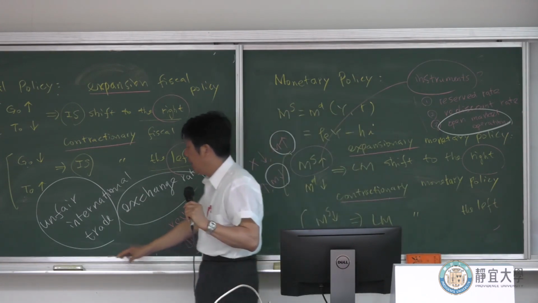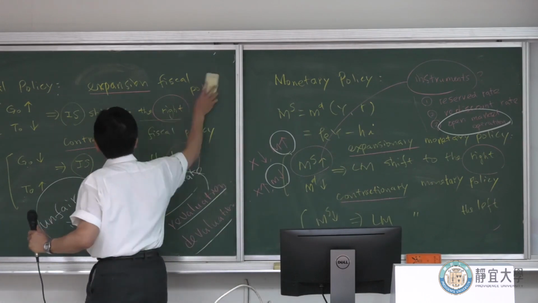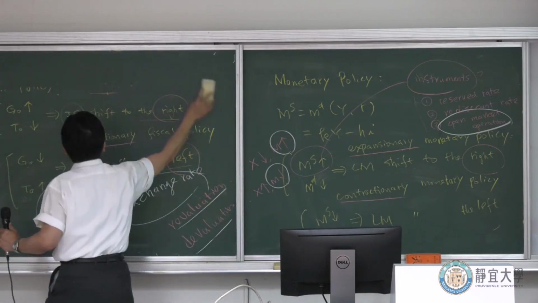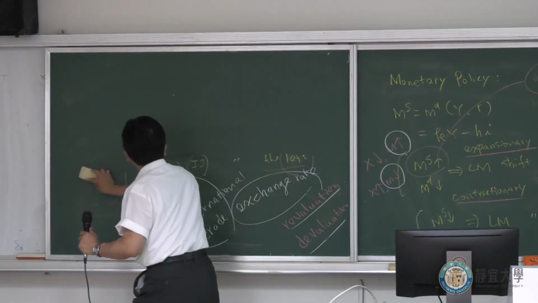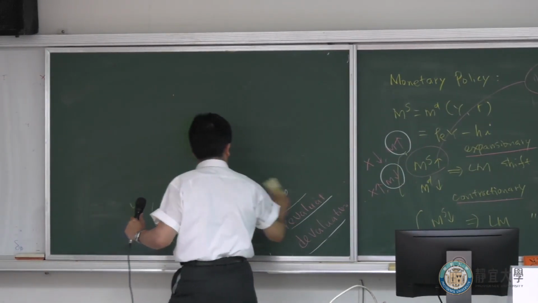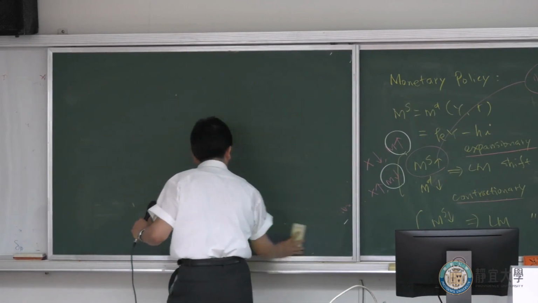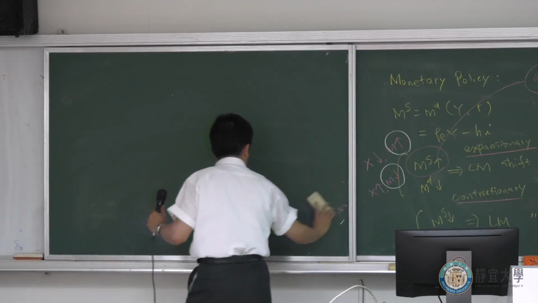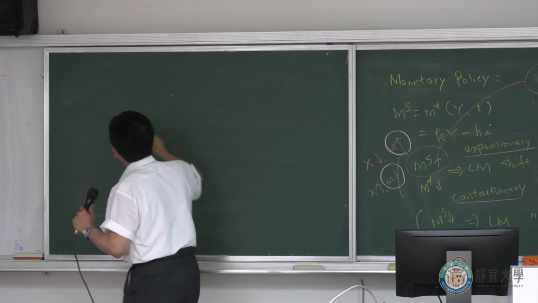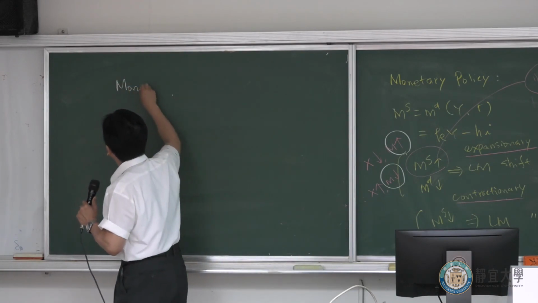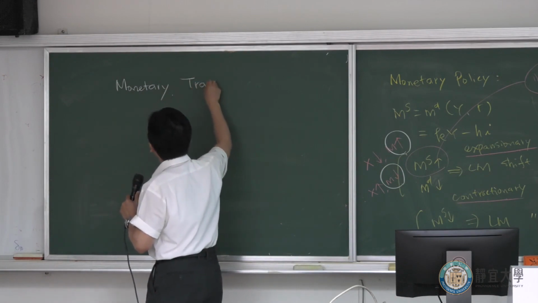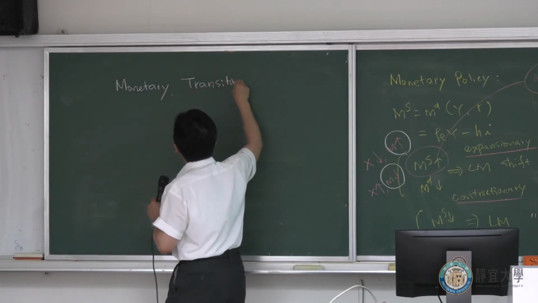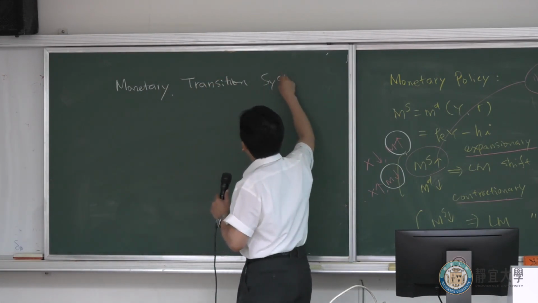So here you can see this is the monetary transition system.